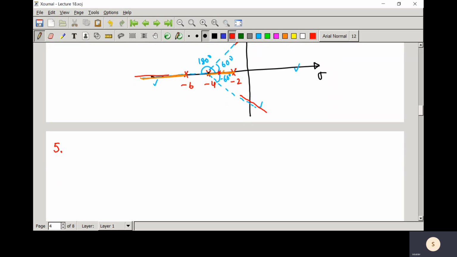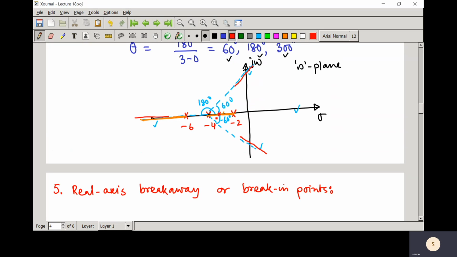This is called real axis breakaway or break-in points. So real axis breakaway or break-in points means here you can see that this particular portion belongs to root locus.